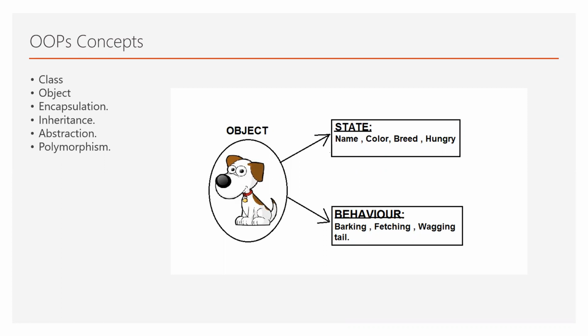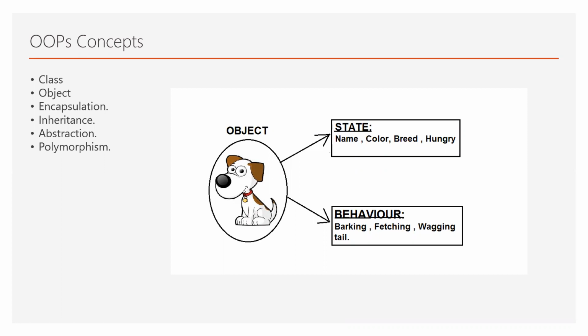So any real-world entity is called an object in object-oriented programming, right? That's how we try to model a real-world scenario into computer programming using object-oriented programming concepts. So we pick one real-world entity.